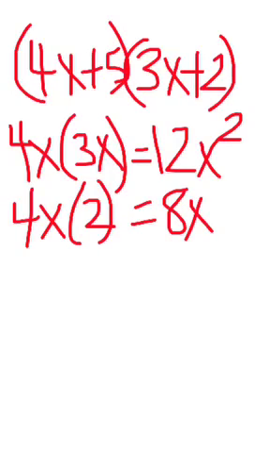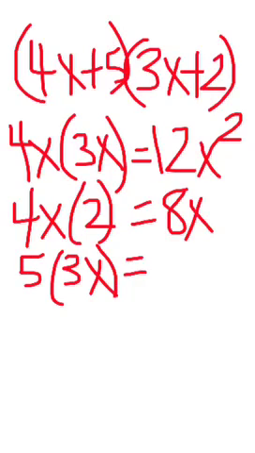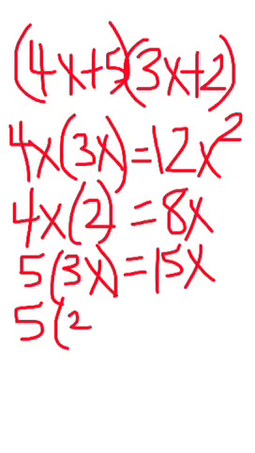Now multiply 5 times each part. 5 times 3x will give us 15x. And then last, 5 times 2 will give us a positive 10. The only thing left to do is combine your middle terms.